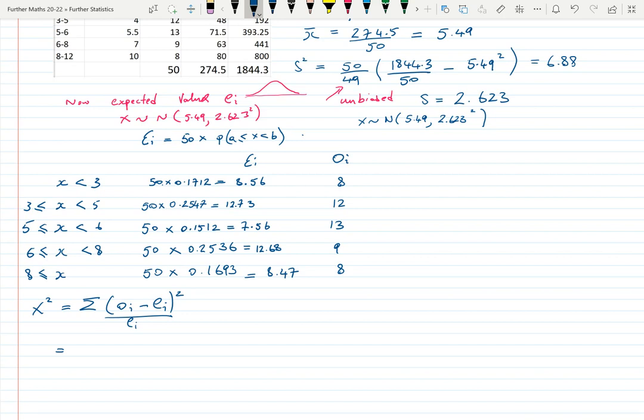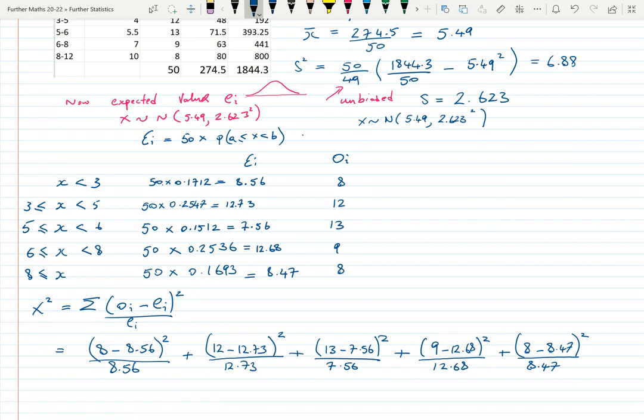That's (8 minus 8.56) squared, all over 8.56. That's for this row here. We're finding the difference between those two, and then so on for the rest of the cells. Okay, so that's each one individually, and then we'll add them up in a moment.